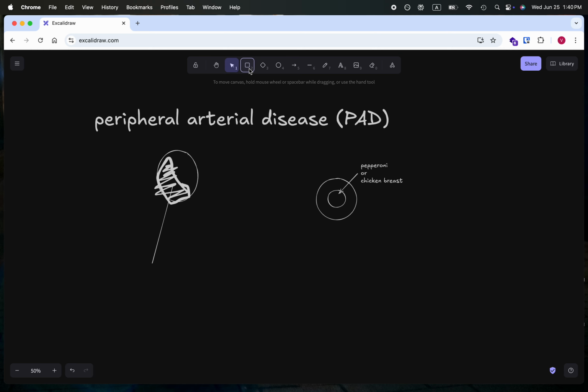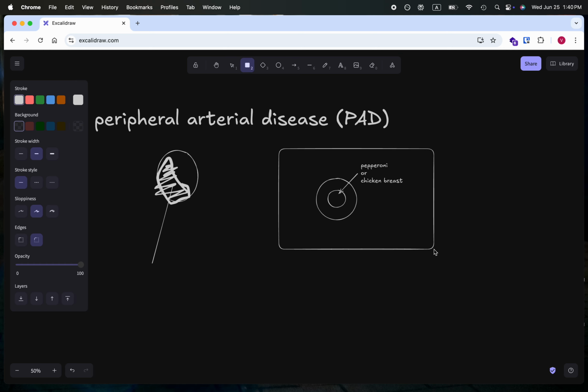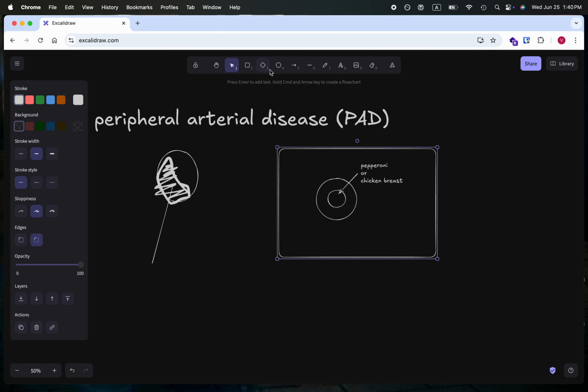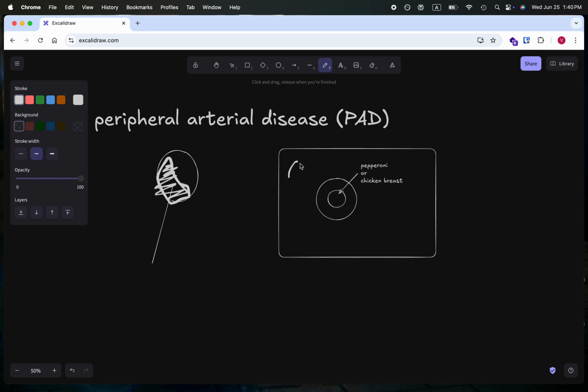And this will also be submerged in a saline bath. And this represents waves.